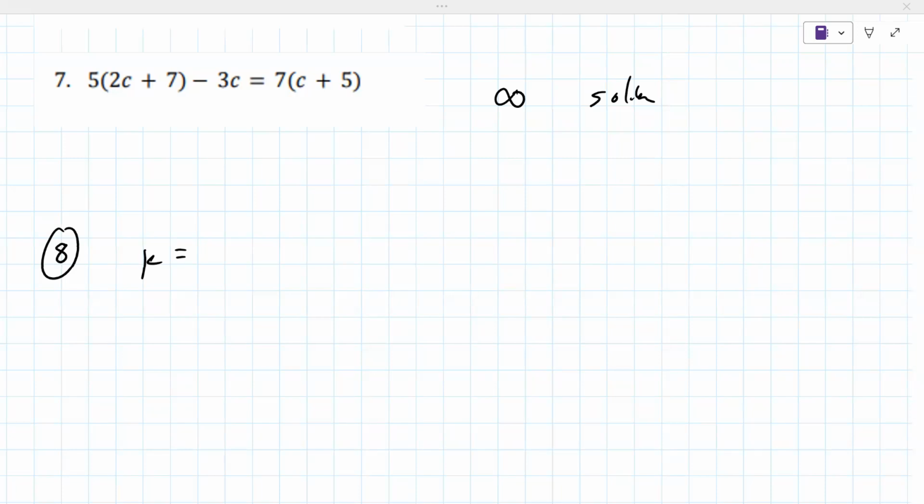I'm sorry. What did you say? 8 is not up on the screen. Oh, sorry. I thought you were looking at it on yours as well. K over -9 equals 7. I just figured you would look at it and tell me the answer. So, then times -9. K equals -63. All right. Good job.